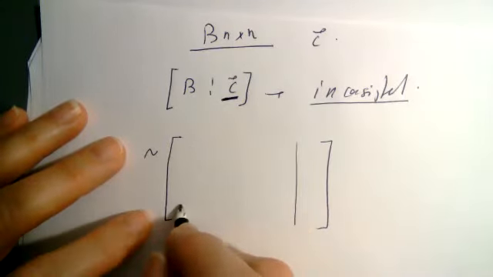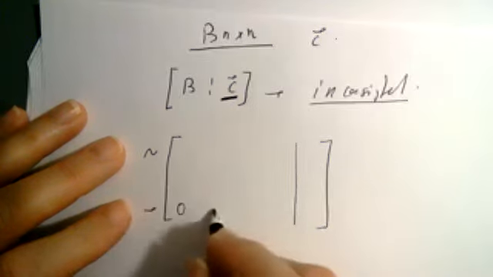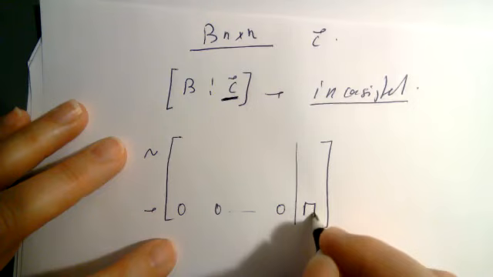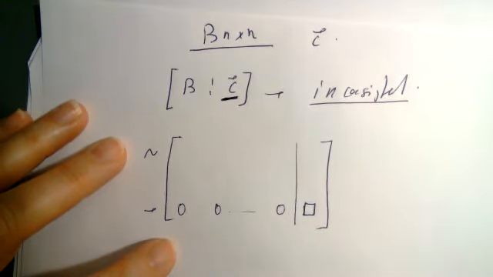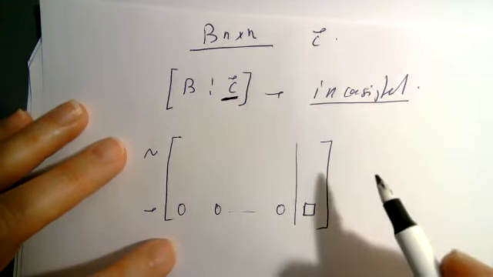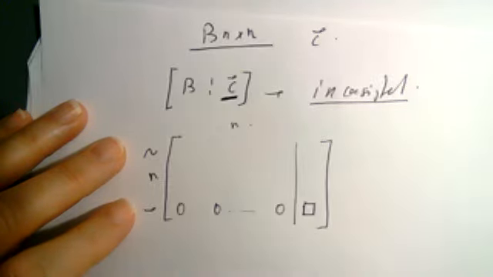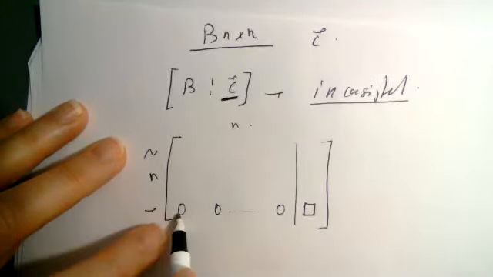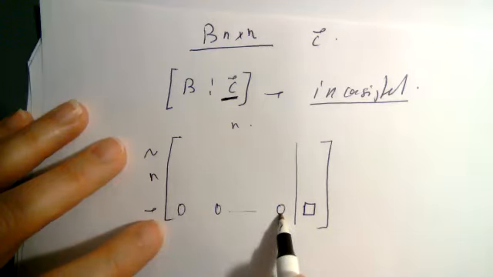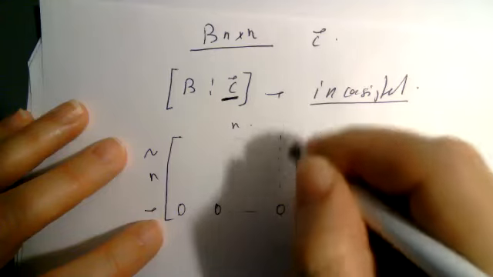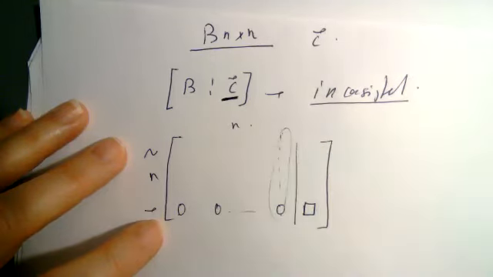If I reduce one of the rows, we should have something like that, because it's inconsistent. Remember, this is an n by n matrix. If this row is all zeros, it means one of the columns has no pivot, because it's n by n.